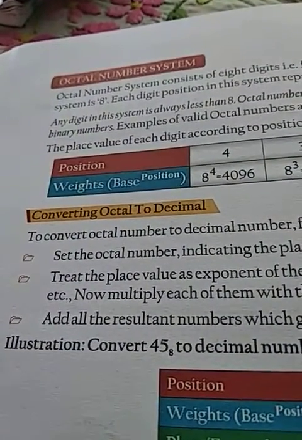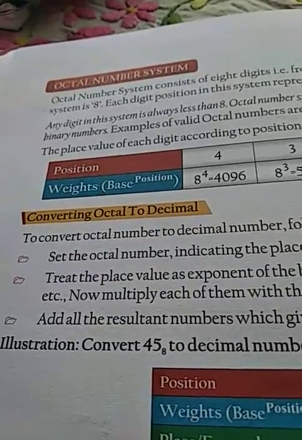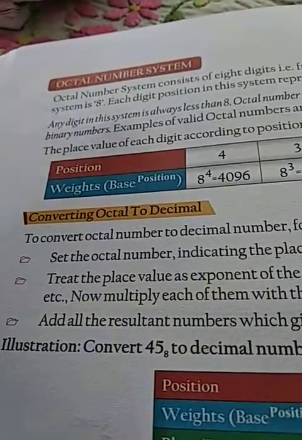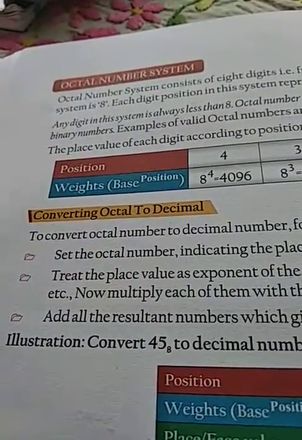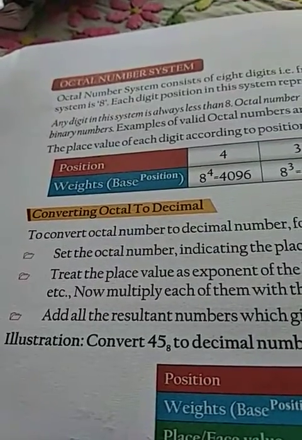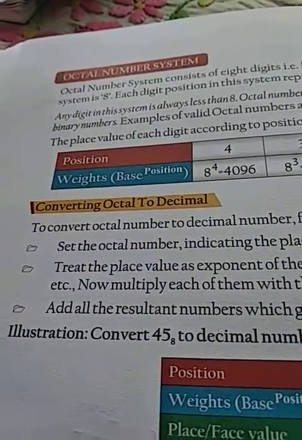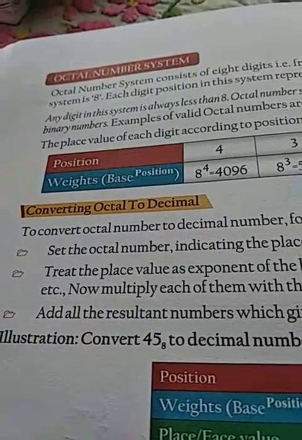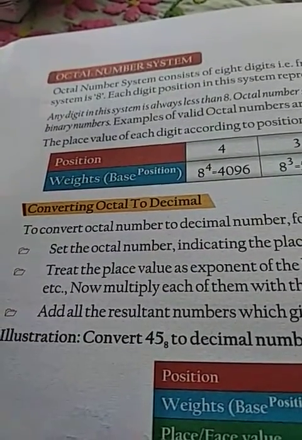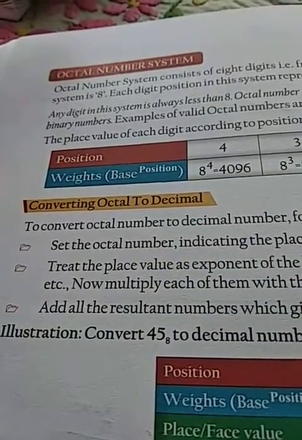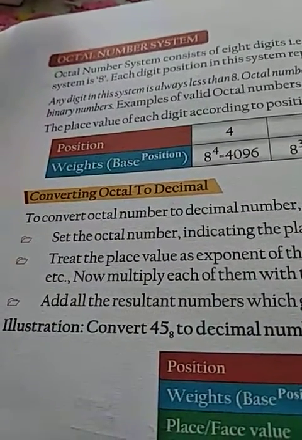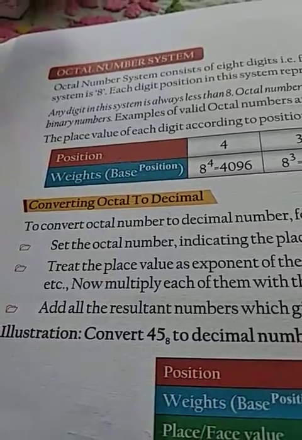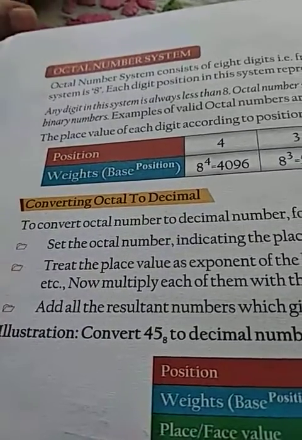For a human mind, remembering all the digits and manipulating them becomes difficult. So instead of binary numbers, we use octal numbers so that we can easily manipulate those numbers according to our needs.